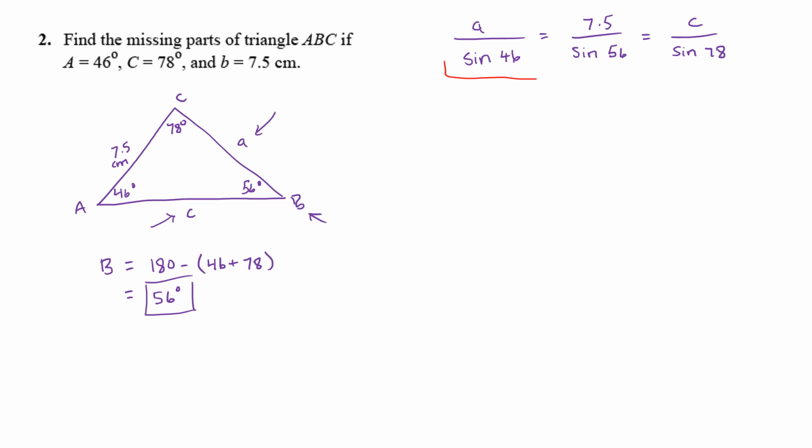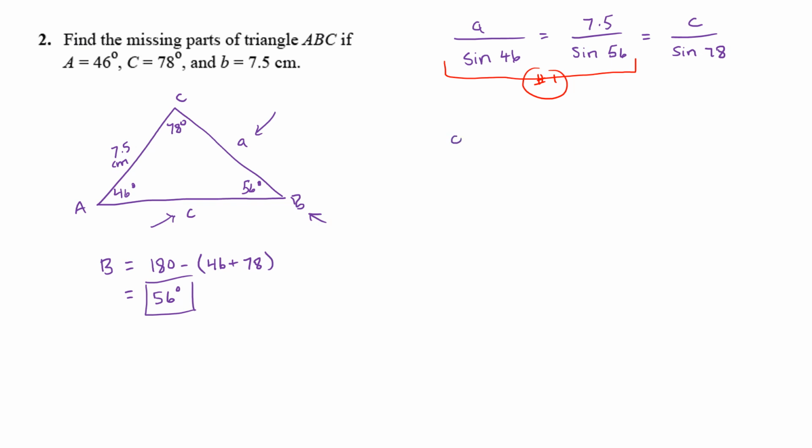We first are going to take these two ratios to help us find A. And then we can either take the ratio for B to help us find C, or we can take the ratio A that we've just found to help us find C. Either one works, but first let's find A.